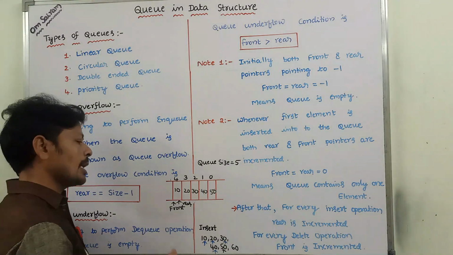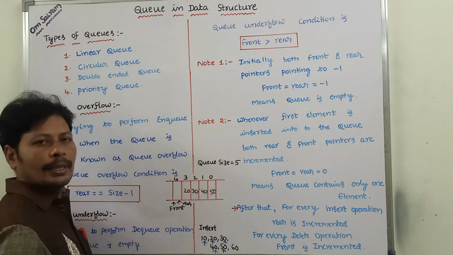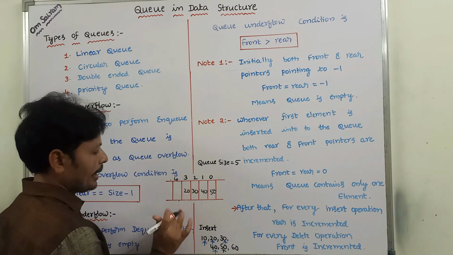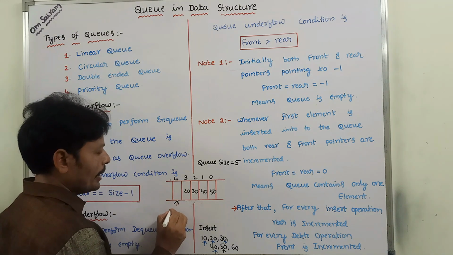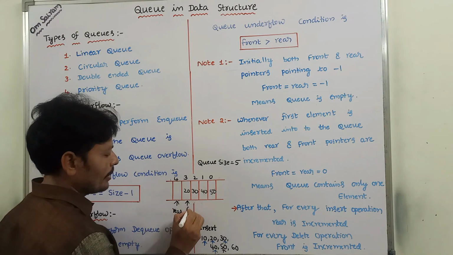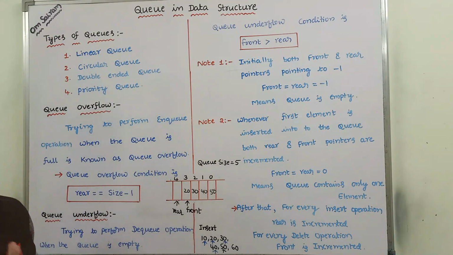So first, which element is deleted? 10 is deleted. At that time, rear pointing to this one and front pointing to this one. Whenever delete operation is performed, front is incremented. Whenever enqueue operation is performed, rear is incremented.